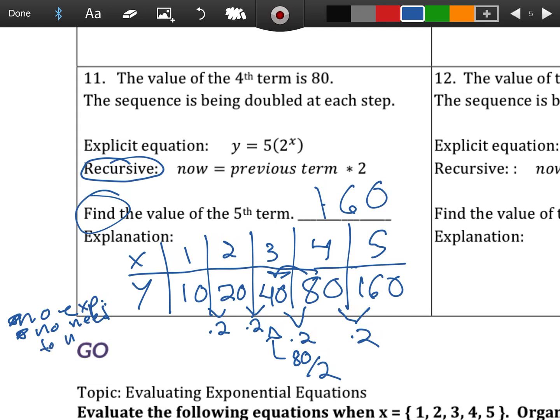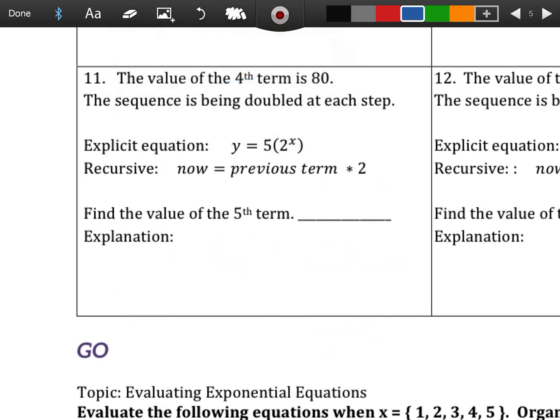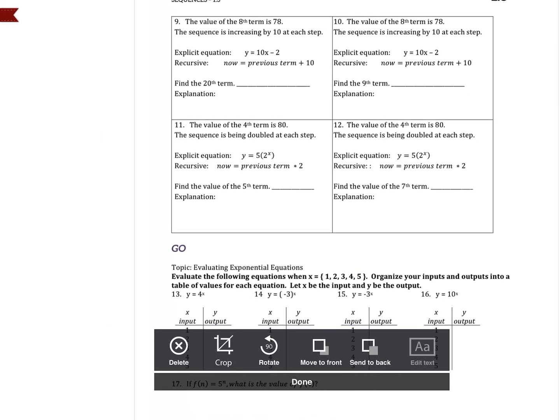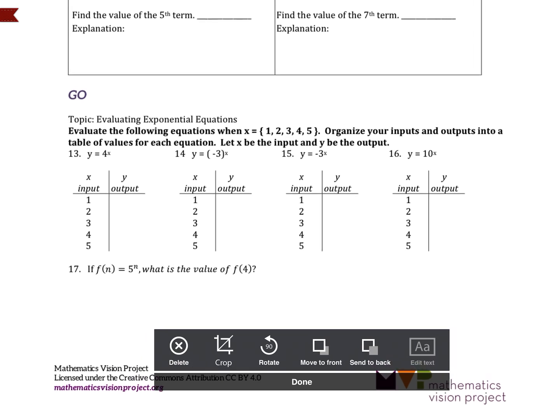And we didn't necessarily need other terms. We didn't need to multiply with 5. I think that those are good reasons as to why the recursive is a little bit easier to use. Hopefully you agree with me.